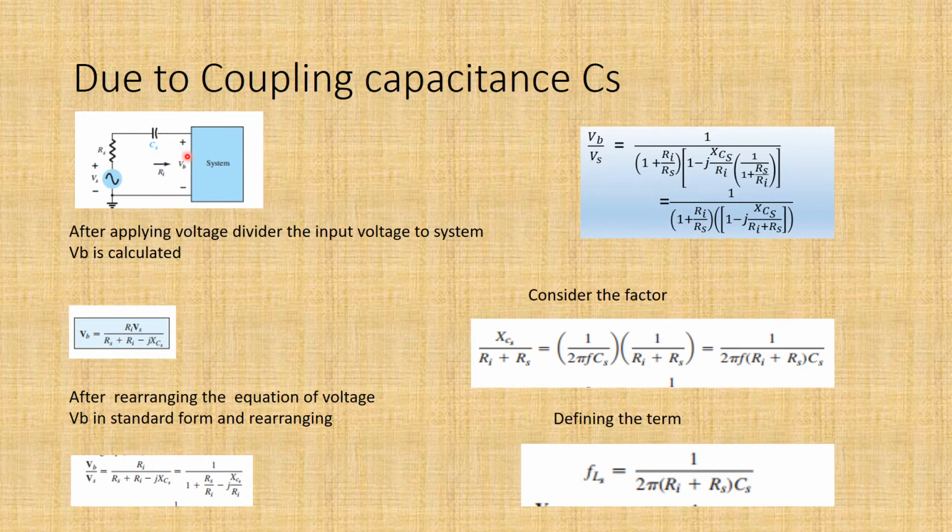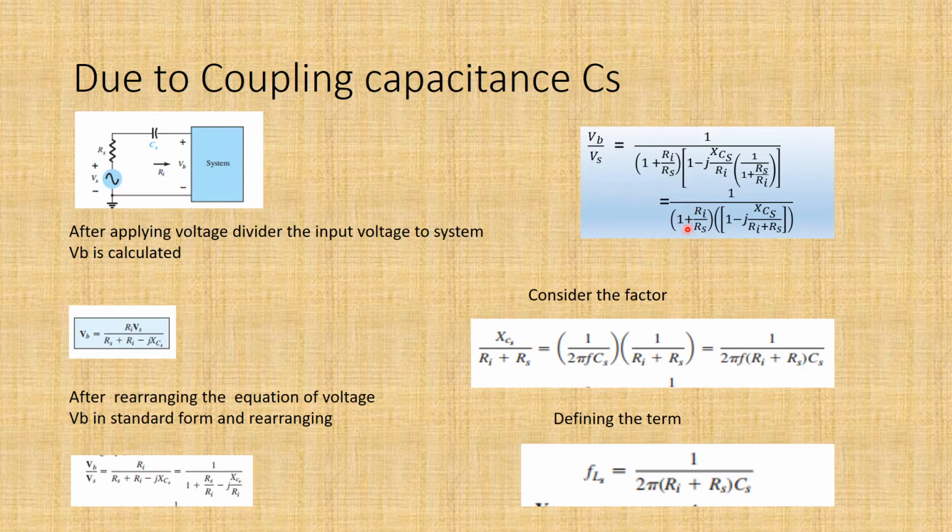Because we are going to find out the gain of the system, we are finding out this voltage VB, which is by voltage divider ratio. So Ri into Vs upon Rs plus Ri, and the impedance of this is minus J times Xc. After rearranging the equation, I get something like this: 1 upon 1 plus Rs by Ri minus J times Xc upon Ri.